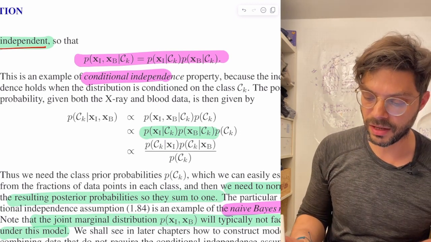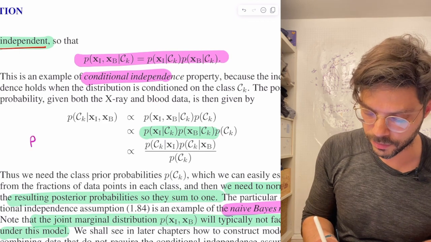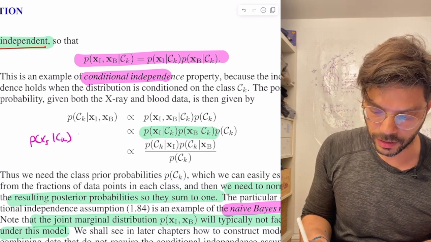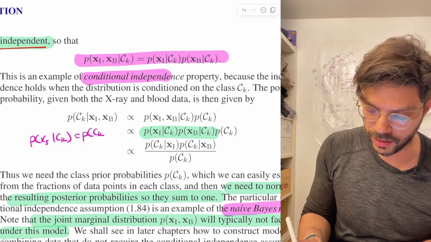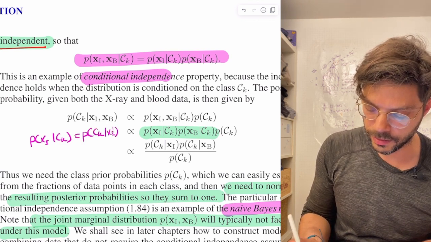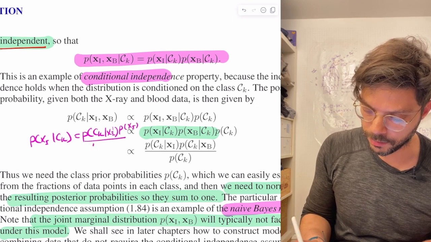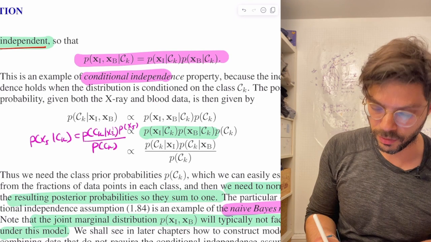So P of x_i given c_k is equal to P of c_k given x_i times P of x_i divided by P of c_k. And so is the other one, right?